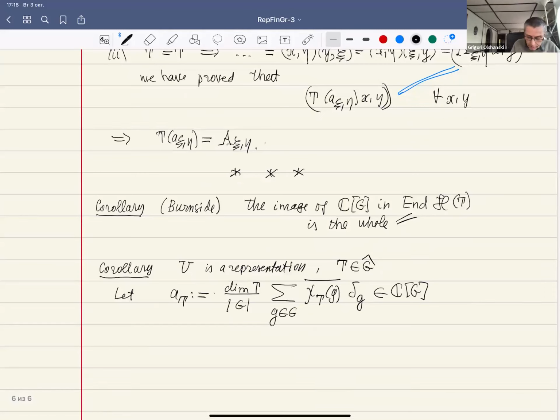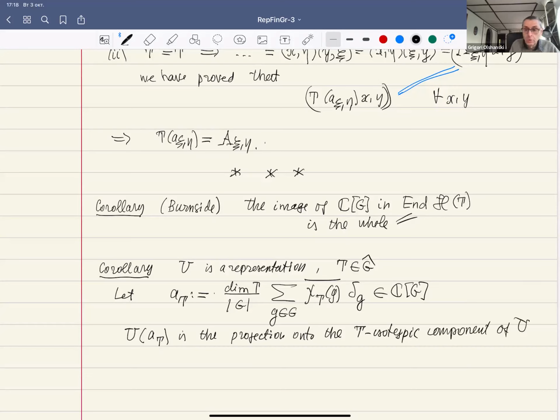And the claim is that in any representation, the image of this element is the orthogonal projection onto the T isotypic component of U. I recall what this is. We take the primary decomposition.